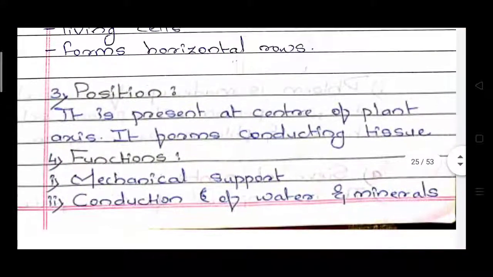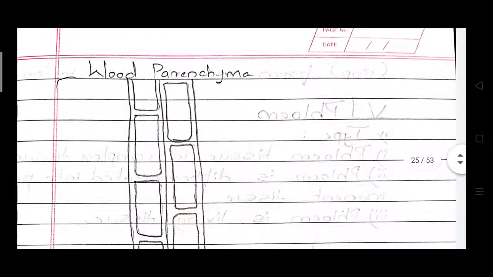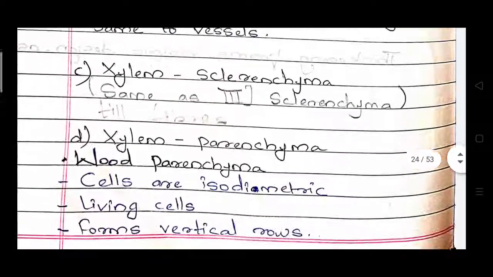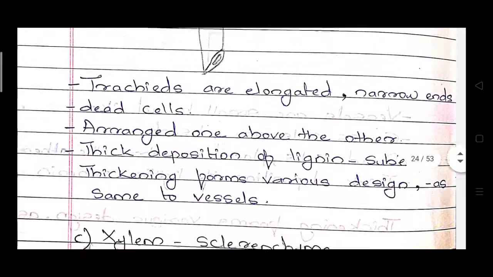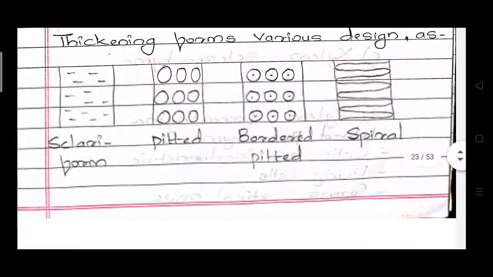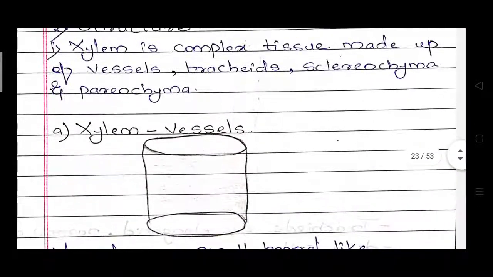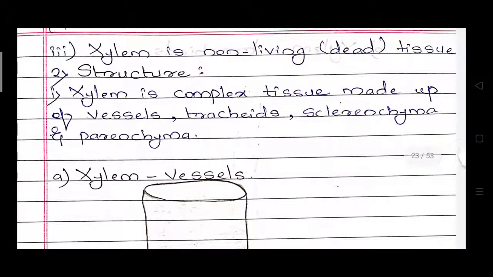I hope all of you understood about the xylem tissues in the mechanical tissue system. In that, you have to understand more about the parts of the xylem. The main parts in the xylem are the vessels, tracheids, sclerenchyma and parenchyma. Xylem is a non-living tissue.